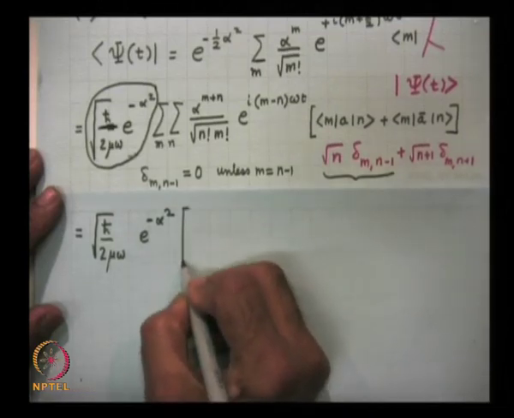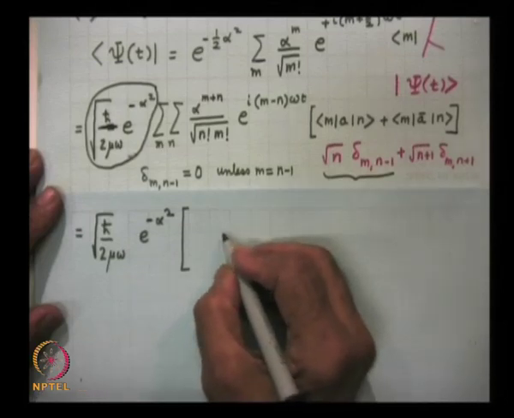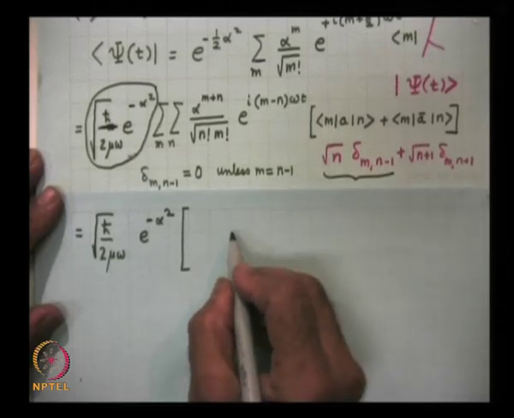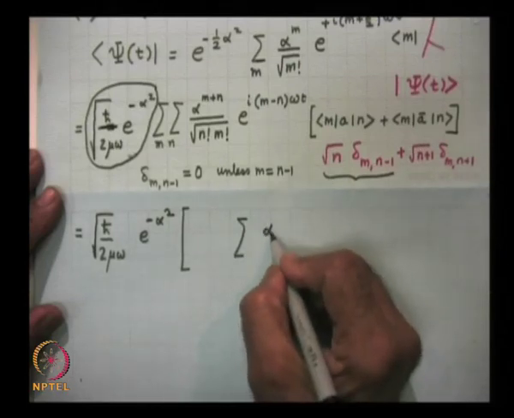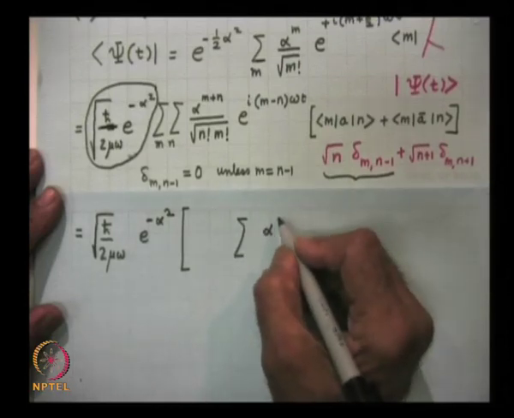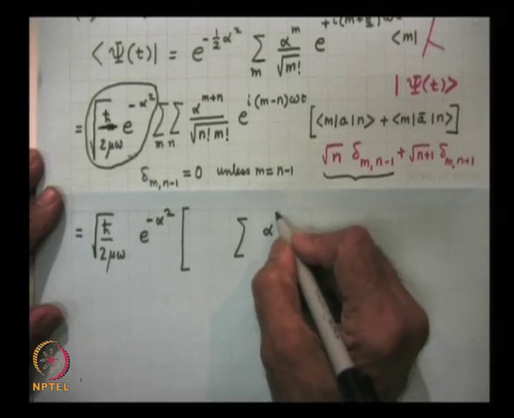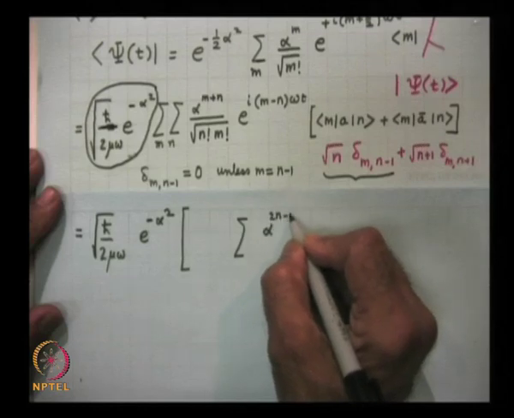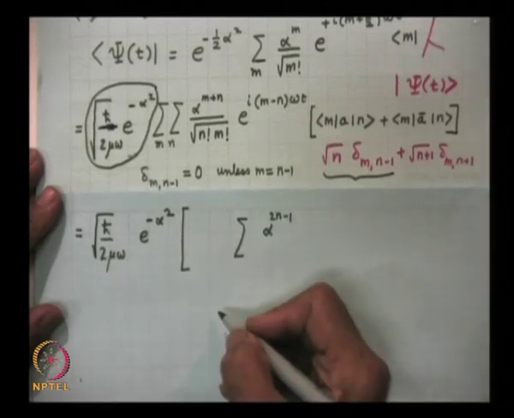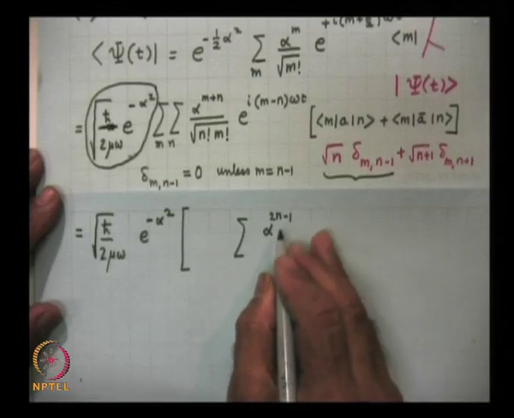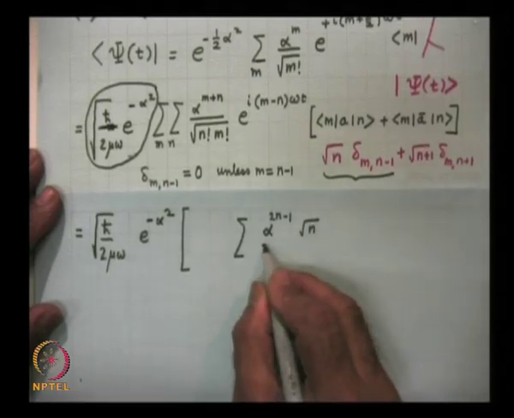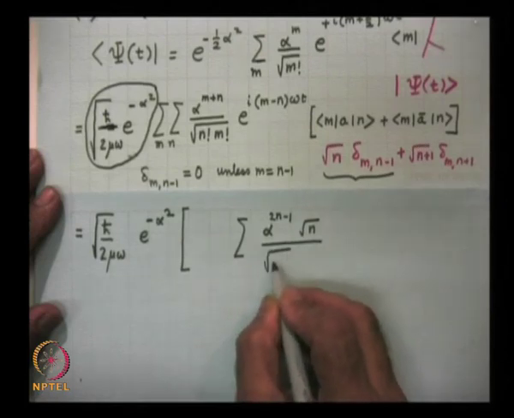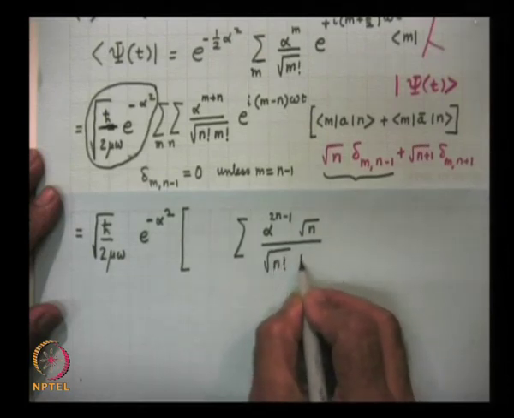So, this term if I take outside, this will be summation alpha to the power of n minus 1 plus n, that is 2n minus 1, and this will be multiplied by square root of n divided by square root of n factorial m factorial.